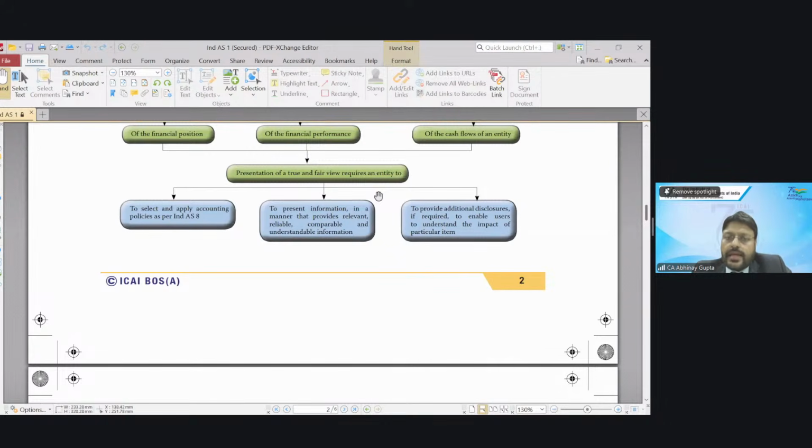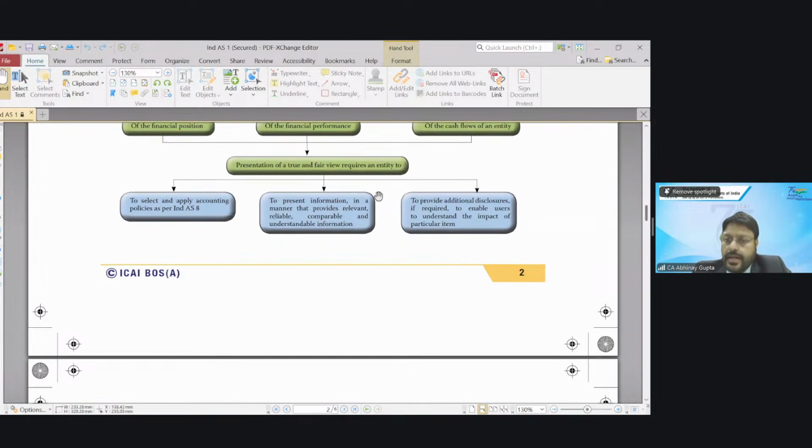If we are giving any notes, then we need to do the cross referencing of the numbers in the financial statement to the notes, so that users can go to that note number directly and read what additional information we are providing for a particular line item. This makes the presentation easily understandable for the user. These are the things we need to keep in mind.